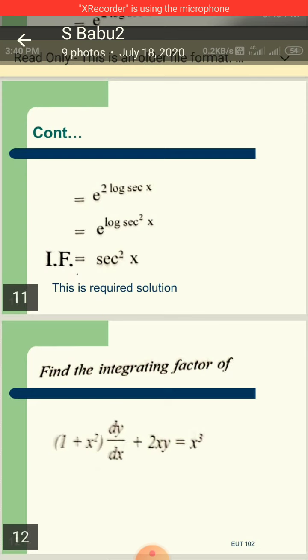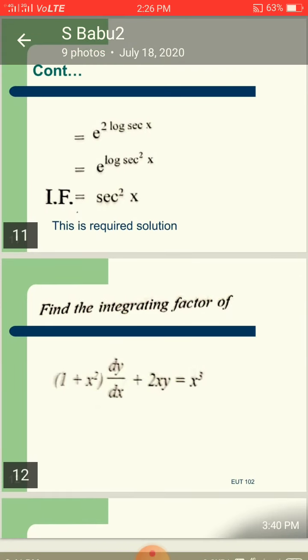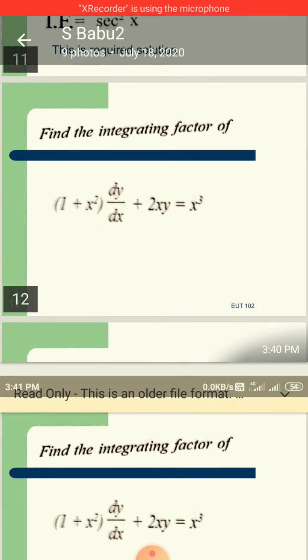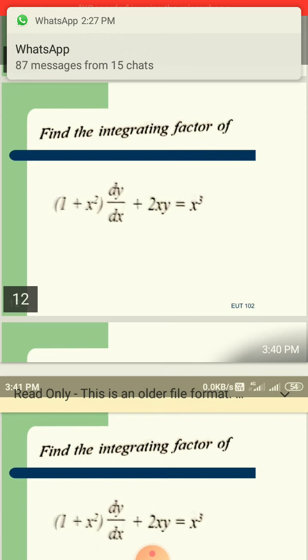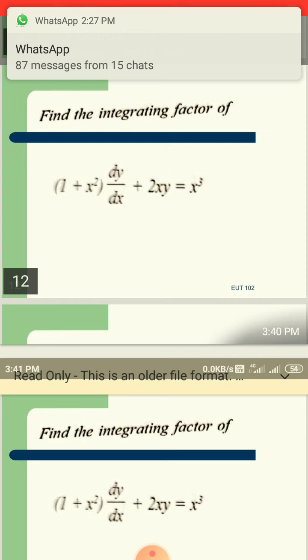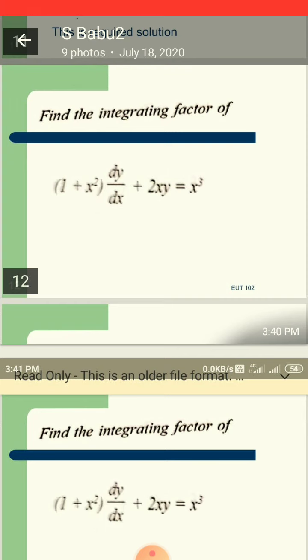After completing the integrating factor of the first one, now we find the integrating factor of another question: 1 plus x square in a bracket into dy by dx plus 2xy is equal to x cube. How do we find this one? What we have to find here is the integrating factor of this question.